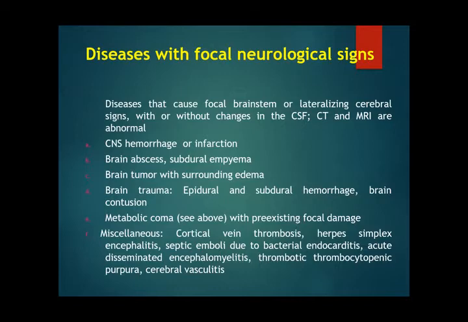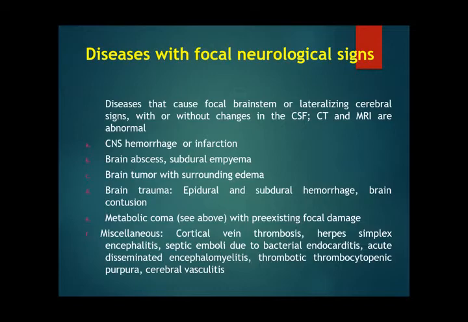Then we come to meningitis syndromes, diseases which cause meningeal irritation with or without fever or with an excess of WBC or RBC in the CSF. Usually these are without focal or lateralizing cerebral or brainstem signs, and CT or MRI shows no mass lesion. Now remember this, CT or MRI shows no mass lesion, but there may be abnormalities. Okay, so now the meningitis, it can be inflammatory meningitis like we have in subarachnoid hemorrhage. What happens in that?